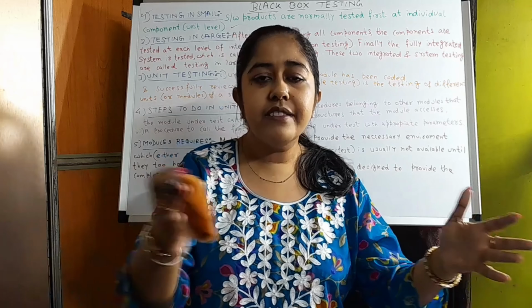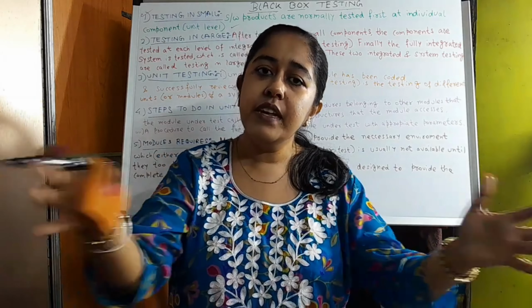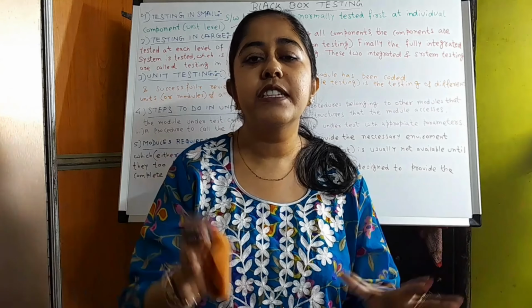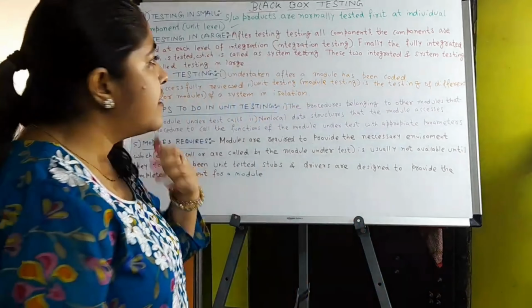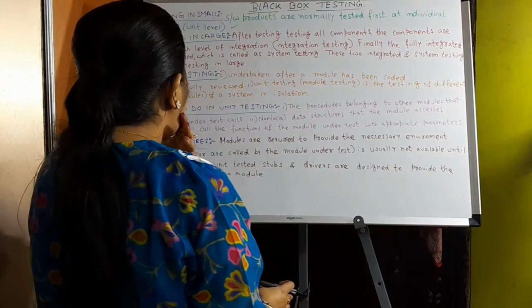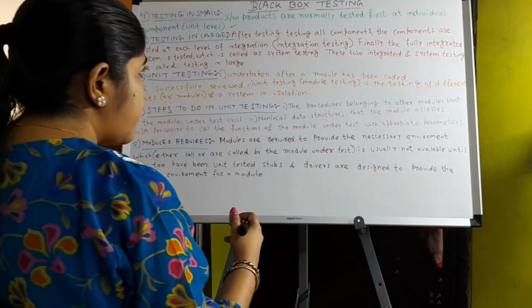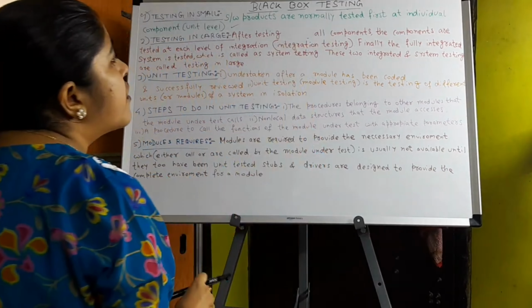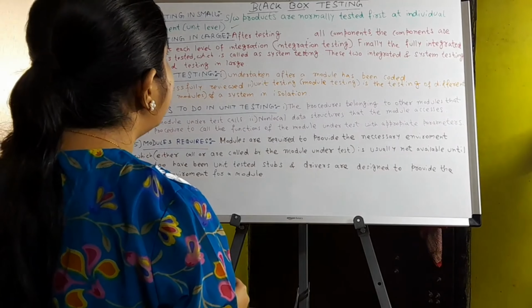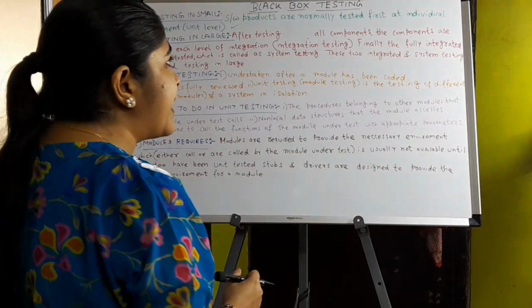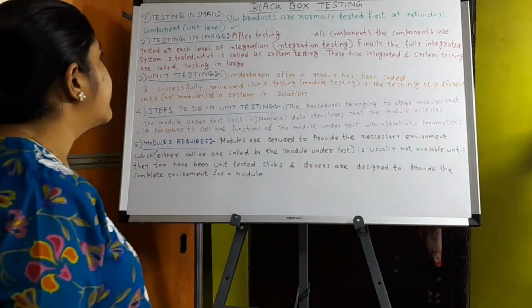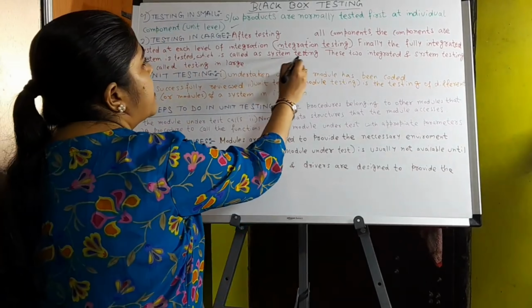Then these integrated systems are integrated again into a huge quantity, and the whole system is tested, which is called system testing. So after testing all components, the components are tested at each level of integration, that is integration testing, and finally the fully integrated system is tested, which is called system testing.